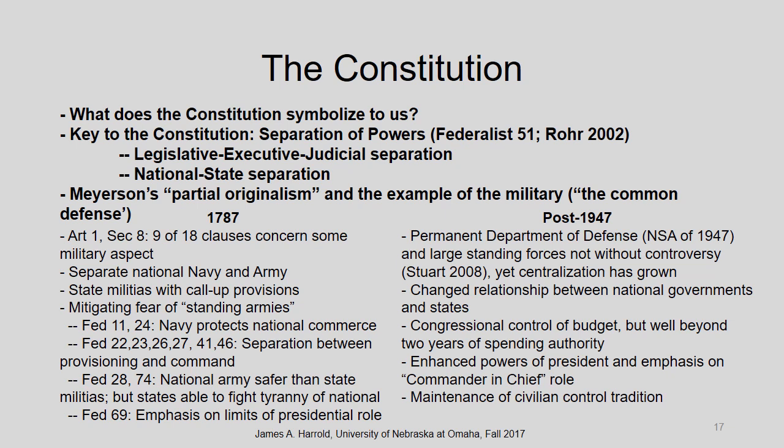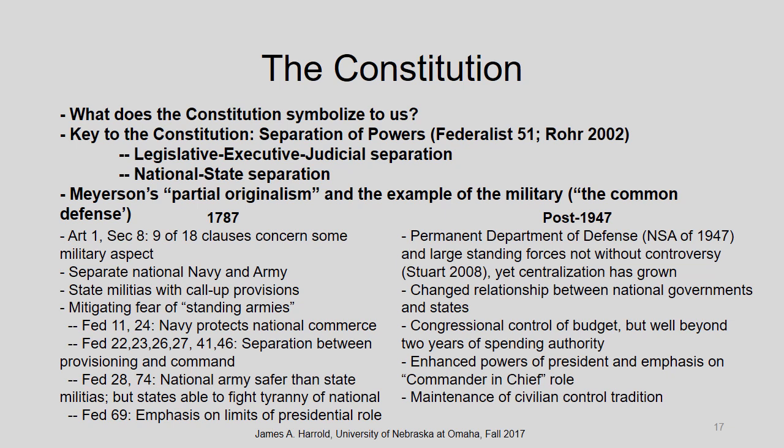So there are several Federalist Papers that talk about what the Navy's supposed to do. You can see that in 11 and 24. In Federalist 22, 23, 26, 27, 41, and 46, there's discussion of the separation between provisioning and command. In Federalist 28 and 74, it talks about national armies being safer really than state militias.